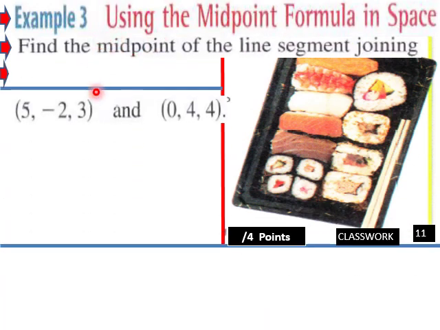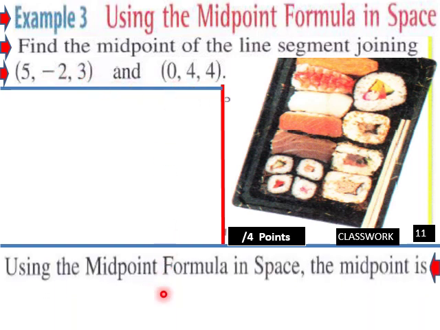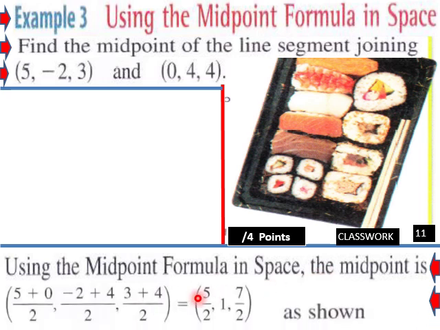So now we're going to try one between 5, -2, 3, and 0, 4, 4. Using the midpoint formula in space, the midpoint is, here we go. We combine these two, and then these two, and then we divide them by 2, and we end up with 5 over 2, 1, and then 7 over 2.